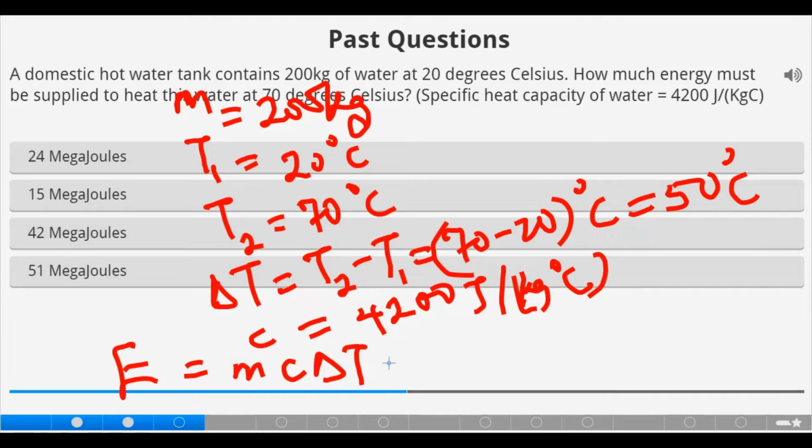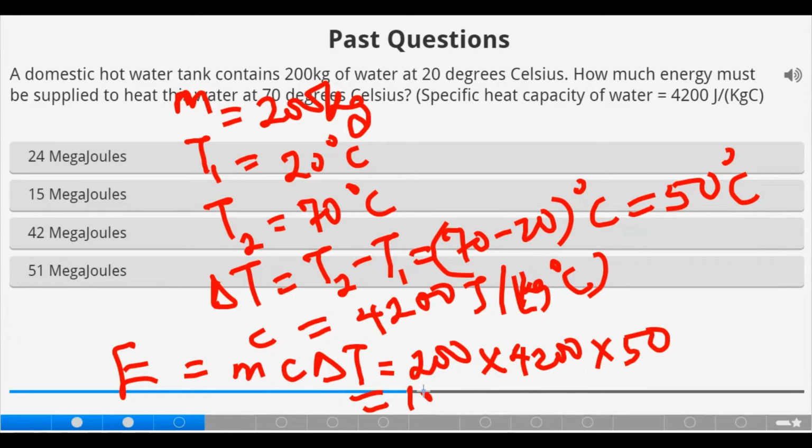So with that in mind, energy now is mc delta T. So we have mass to be 200 times c, which is 4,200, times 50. So let's find the answer. 2 times 50, that is 100, with 0 times 4,200.